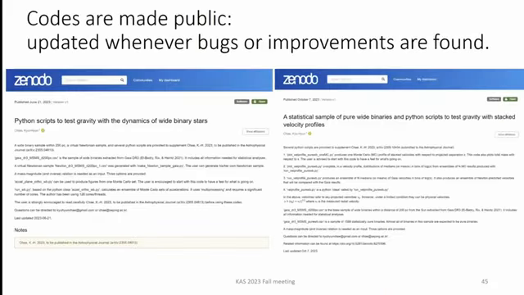This process is so complex. Actually, the code itself is not so long, but the process is complex. So I posted the code so that anyone can test and play with it. Also, I'm updating the code whenever bugs or improvements are found. Actually, I need to confess one thing.